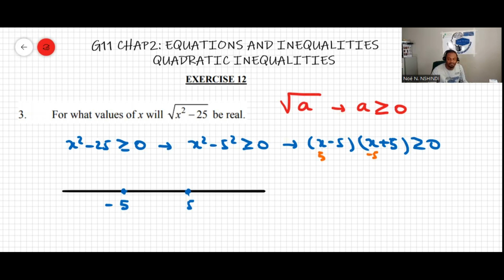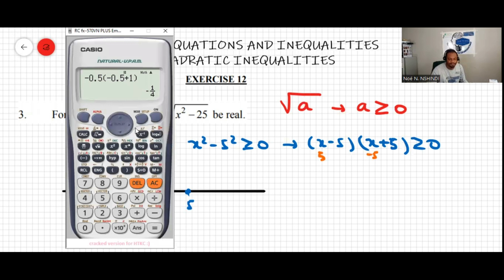And then if I take a number less than -5, for instance, in this interval, a number like -6, I'll sub -6 there and -6 there. You can use a calculator. I'll sub a number like -6 in the bracket there, x replaced by -6, and then -5.